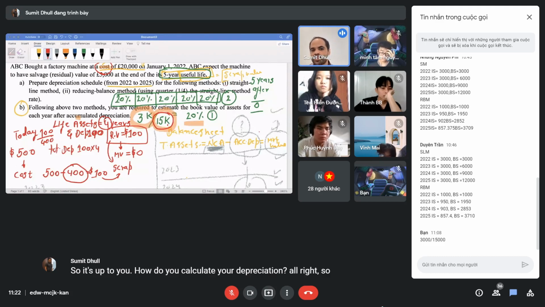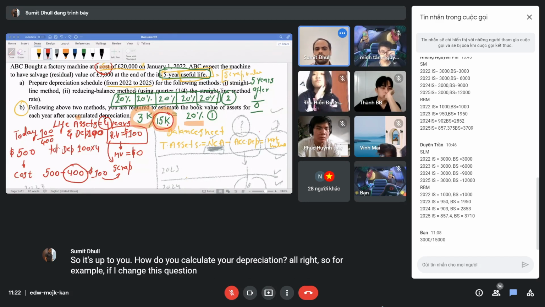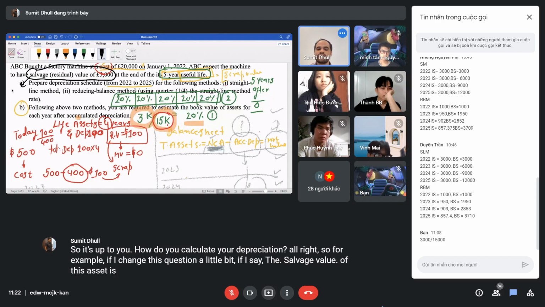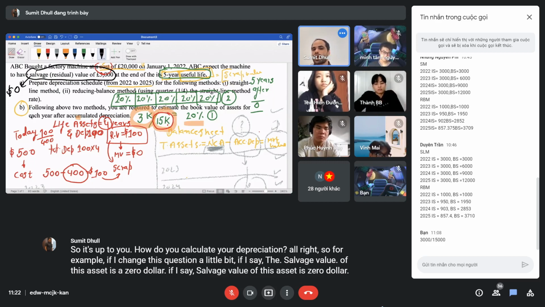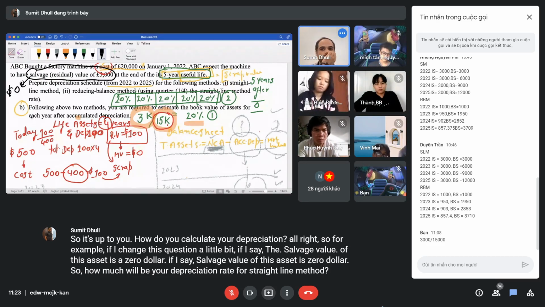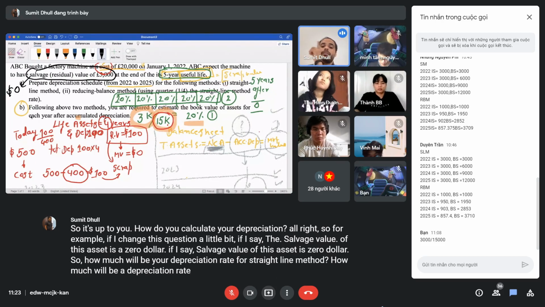So for example, if I change this question a little bit, if I say the salvage value of this asset is $0, so how much will be your depreciation rate for the straight line method?